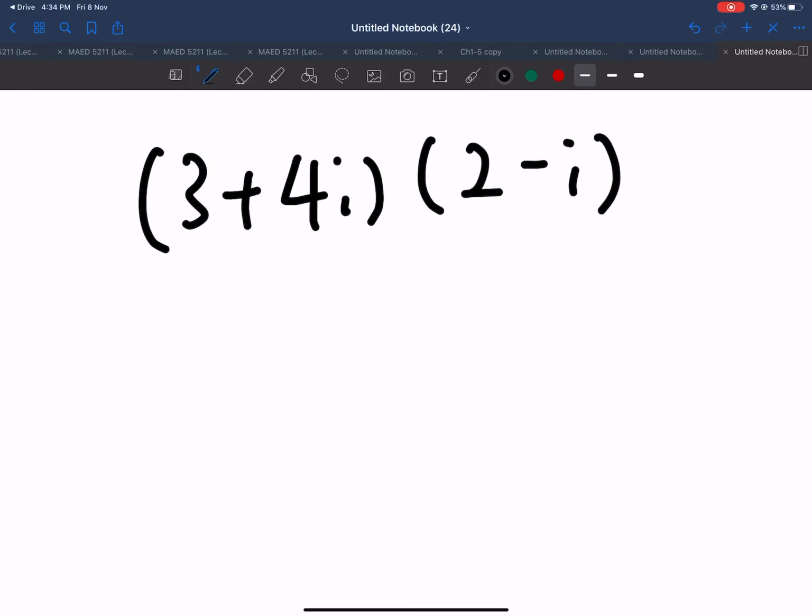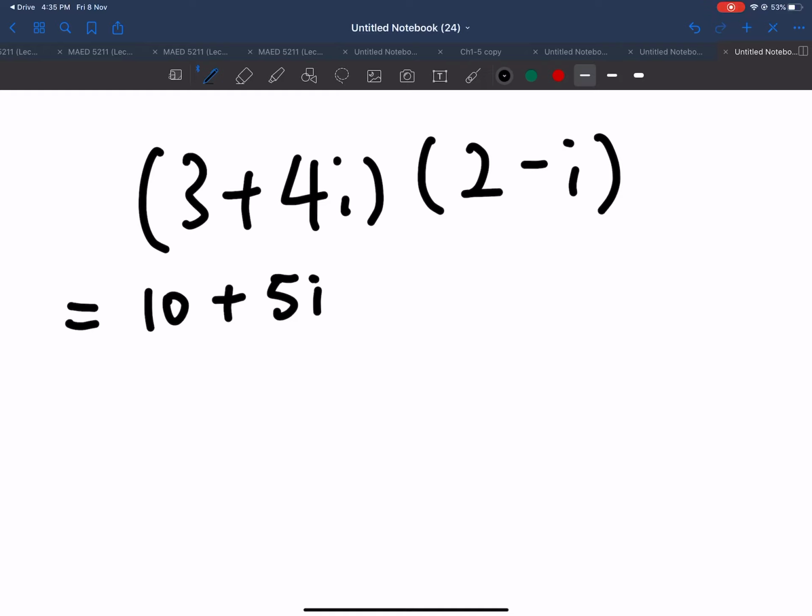What do you get? It's better for you to calculate it by heart if you can.